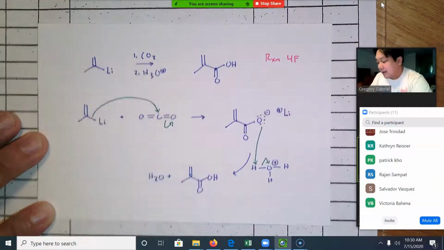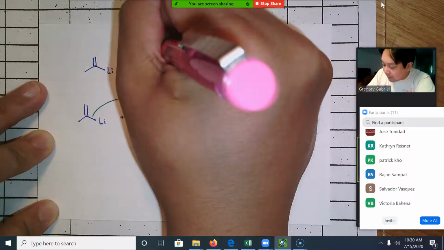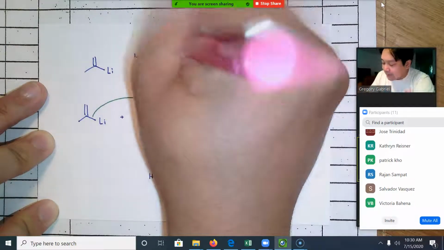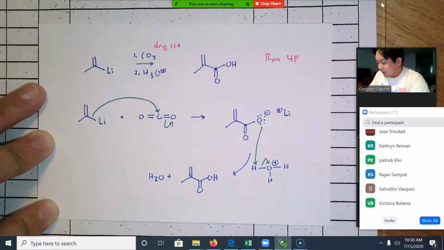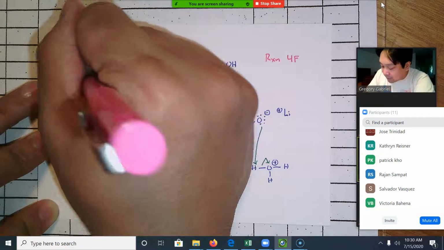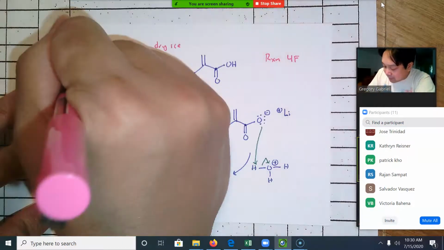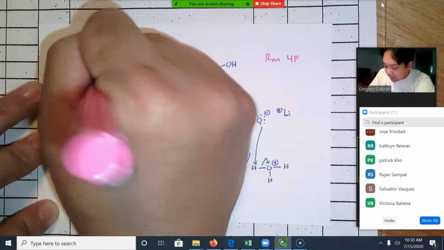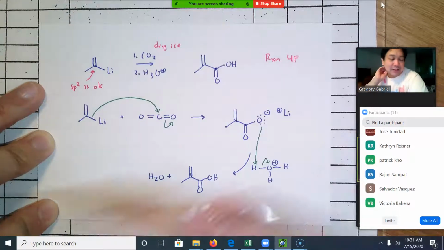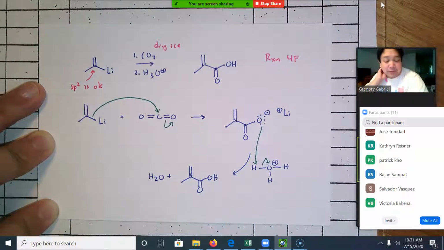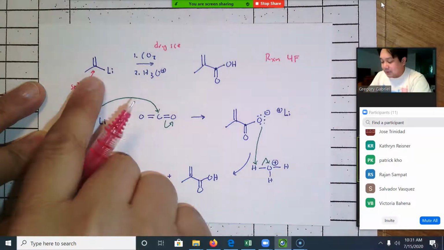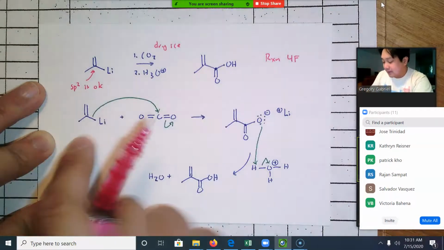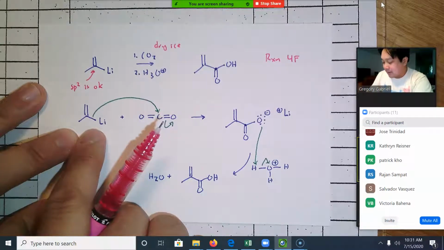What's another good thing? You could give yourself a reminder that this is dry ice. You could give yourself a reminder that you could literally do the substitution on an sp2 carbon. So sp2 is okay. That's very rare. We actually never saw that before. It's technically a substitution, right?